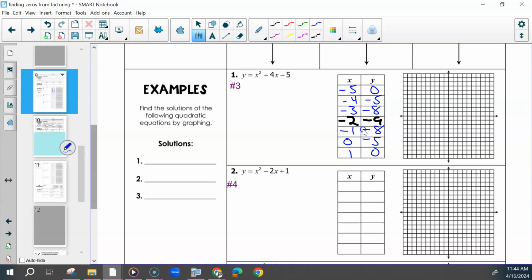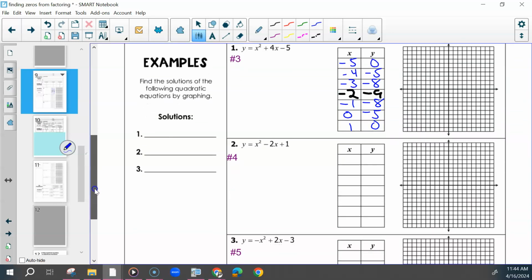Go ahead and graph all of those points. Once you get half of it, the other half should just repeat, but 1 away.